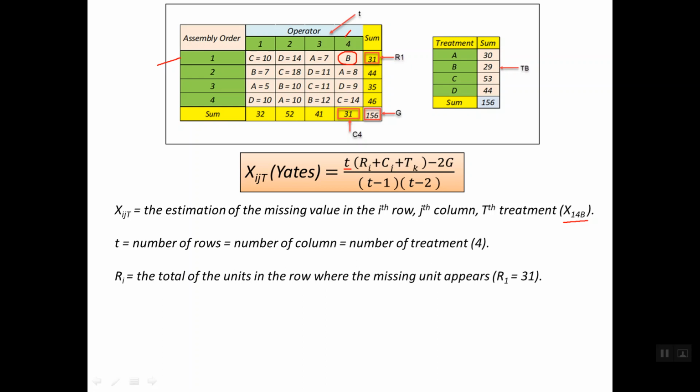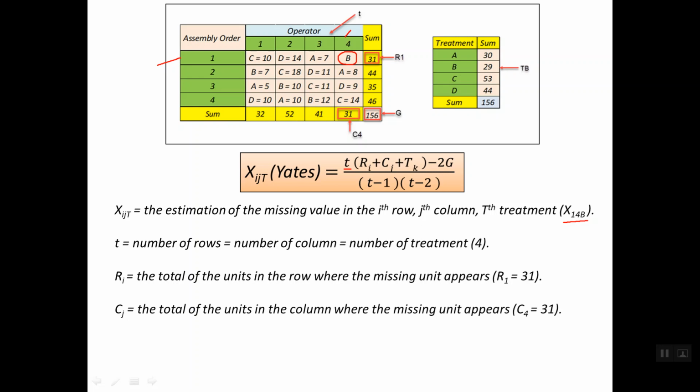R sub i represents the total of the units or observations in the row where the missing unit appears. The total observation for the first row, where the missing value appears, is R1, which is equal to 31.